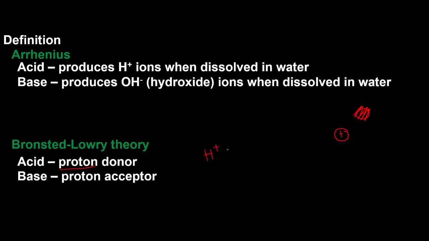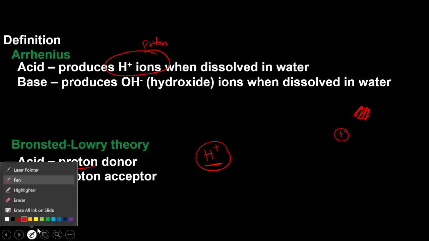So what's left in an H plus ion is a proton. Again, this proton can also be viewed as an H plus ion. So in this case, the acid also increases the concentration of hydrogen ions or protons in the solution.